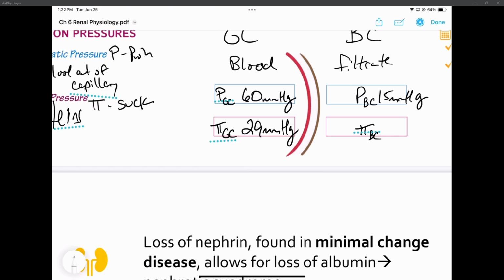No. So what should the oncotic pressure of the Bowman's space be? 0. Should be 0. Okay, that's the goal. You don't want proteins in the Bowman's space. It alters your oncotic pressure, and you'll see what happens if you start spilling proteins into the urine. You start getting puffy and some other problems going on.